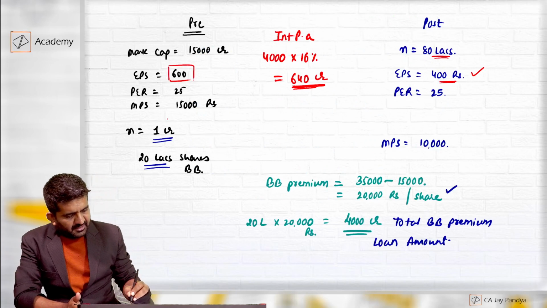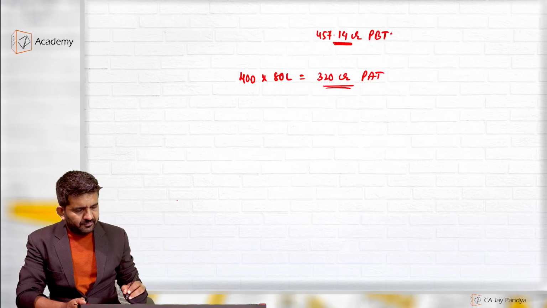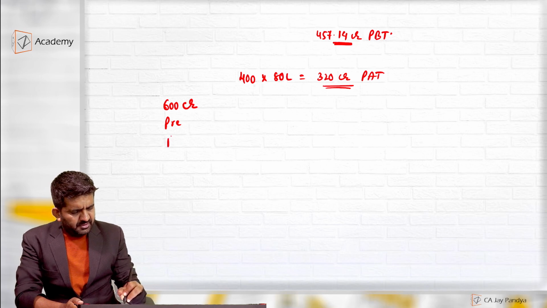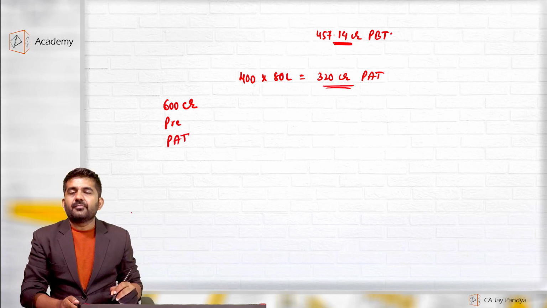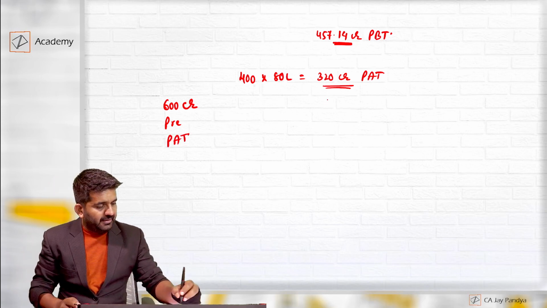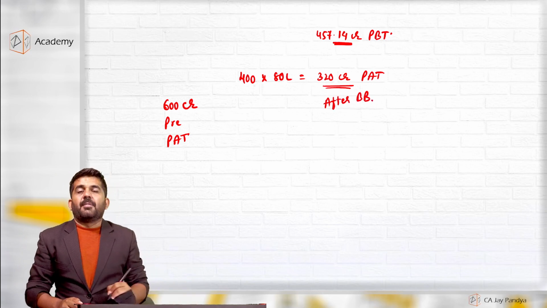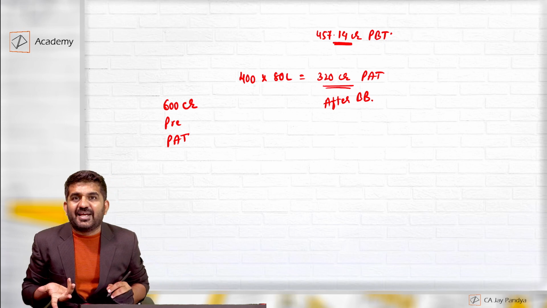It is 600 into 1 crore, which is 600 crore. This is the pre-buyback PAT. This is the after-buyback PAT, which does not make any sense.